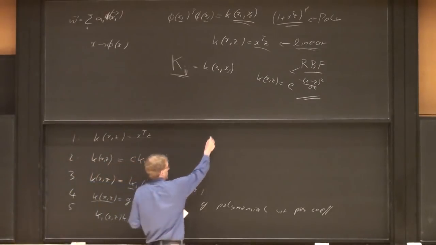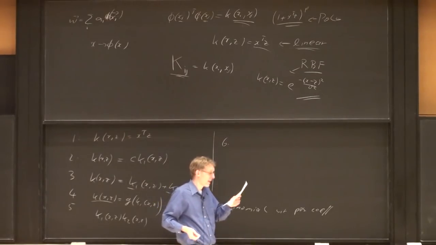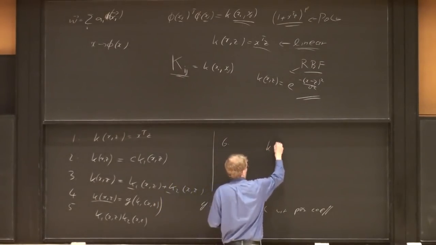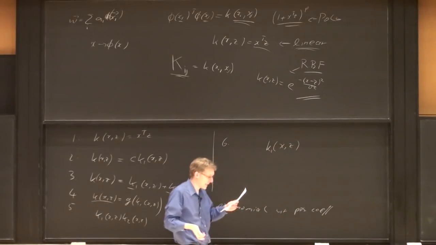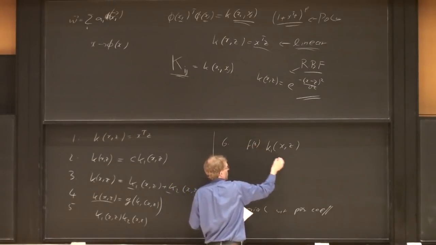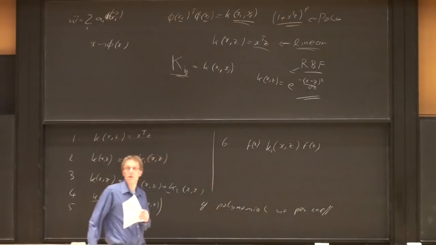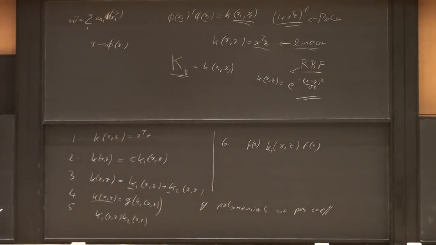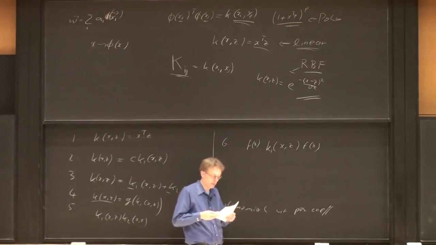It says, if I have a kernel function and I multiply it left and right by any function, so I have f of x on the left and f of z on the right, that's still a kernel. So I can basically transform my features as long as I do the same transformation for x and z and multiply with a kernel, then that's still a kernel.